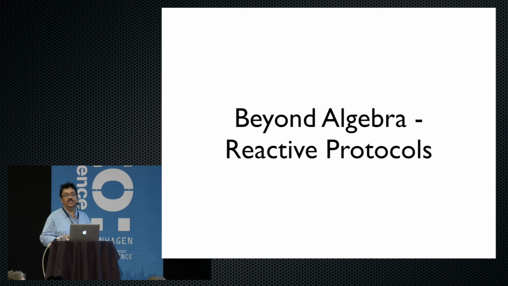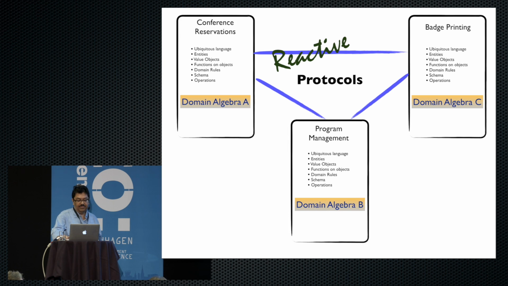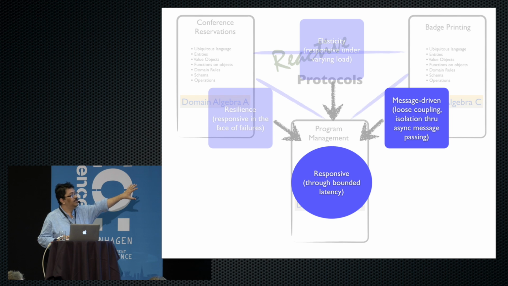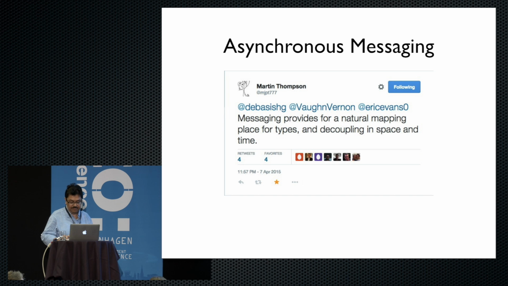And for that we need to have reactive protocols. And we will be using asynchronous messaging for this. Message-driven, loose coupling, isolation, async message passing. We are now in this part of the graph, where we will discuss how you can make things responsive by being asynchronous and message-driven.